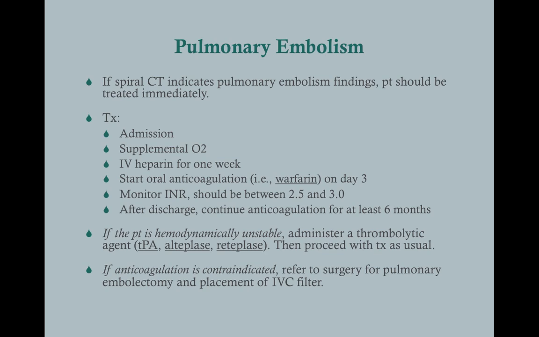You don't need to know exactly what it is, but basically it's where they go in like an angiogram and bust up the clot. And then they'll need an IVC filter placed. All that does is filter out any continuing embolus that may come from that DVT. So if anticoagulation is contraindicated, these patients need surgical therapy, and that's pulmonary embolectomy and the placement of an IVC filter.